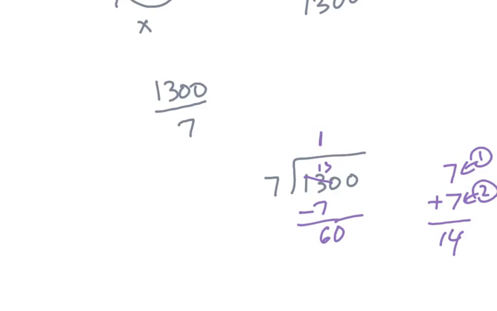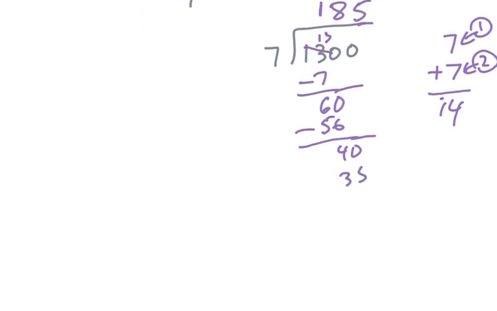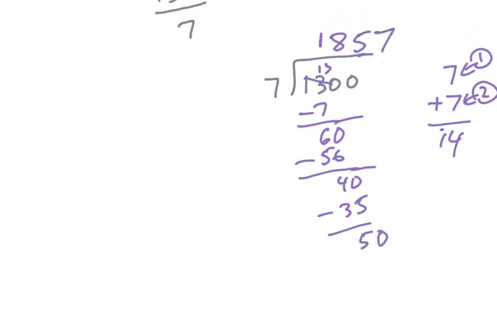I could keep listing, but you should know your multiples of 7. 8 times 7 is 56. So this would be 56. It's going to be 40. 7 goes into 40. Well, we know 5 is 35. 6 would be 42, so it'd go over. So this is 35. This would give me 50. This would be 7 times.